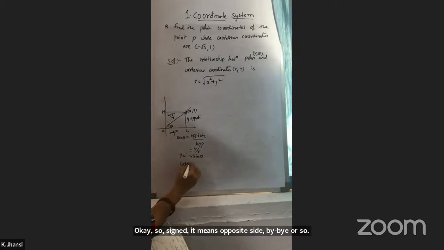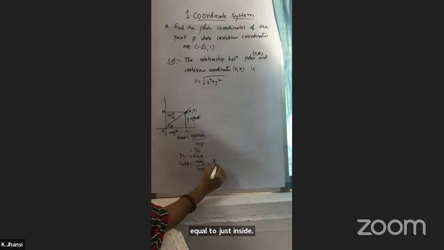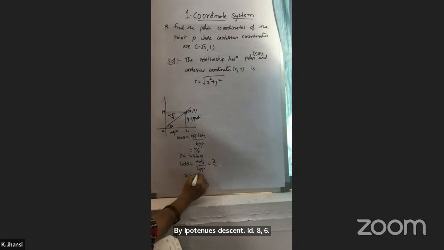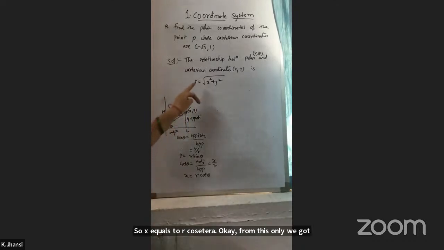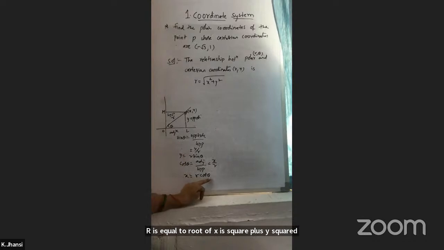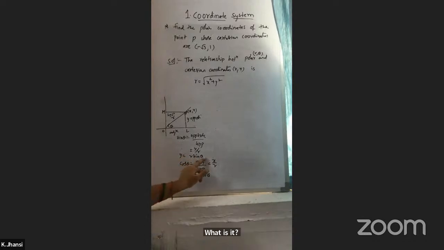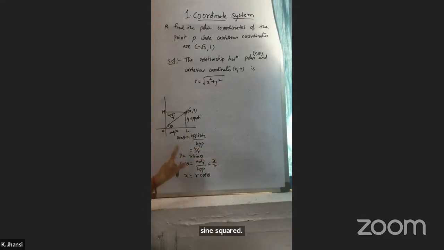Similarly, cos theta equals adjacent side by hypotenuse, adjacent side is x by r, so x equals r cos theta. From this we got this relationship. R equals root of x square plus y square. So x square plus y square means, x is r cos theta and y is r sin theta, and sin square theta plus cos square theta is 1, so you get r square.